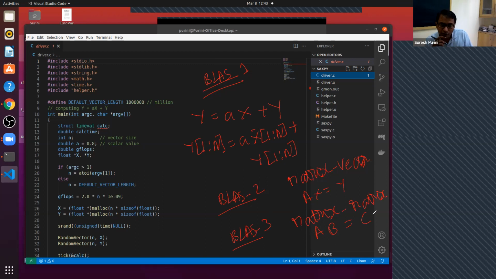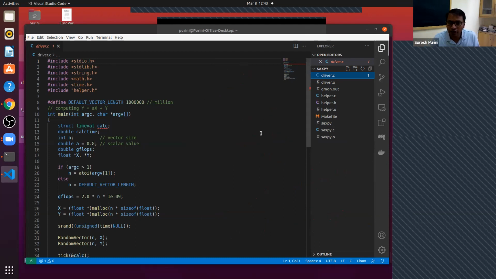So right now we are looking at a BLAS 1 problem where we take a vector and multiply it with a scalar and add it to another vector. If you see the code here, the whole code is divided into multiple C files.